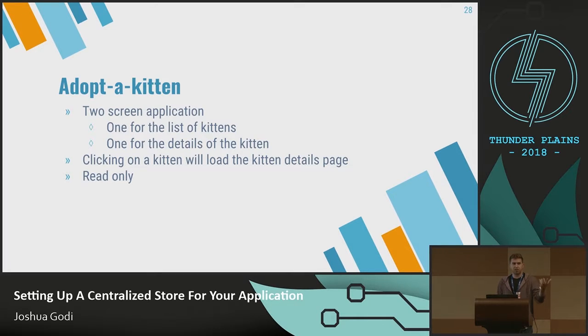One screen, when you first load it up, is just going to be a list of all the kittens that can be adopted. And then when I click on one of those kittens, it's going to go to a details page that probably has a whole bunch of cute, adorable photos of the kitten, and then some details about where they came from, breed, etc. And all of this is read-only. There's no editing or anything like that in the application.